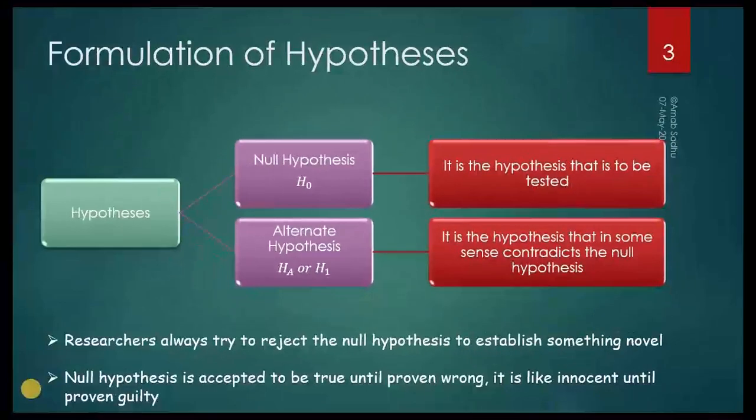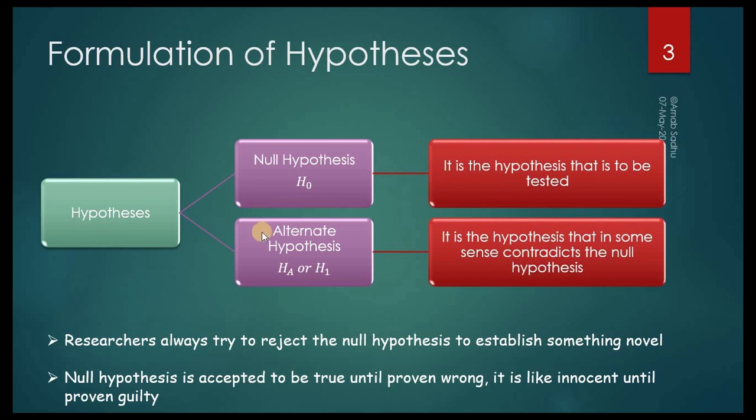So how to form hypothesis? There are two kinds of hypotheses that you need to define whenever you are trying to prove something or establish some result out of your sample. The first one is your null hypothesis, also known as H0. It is the hypothesis that is to be tested.